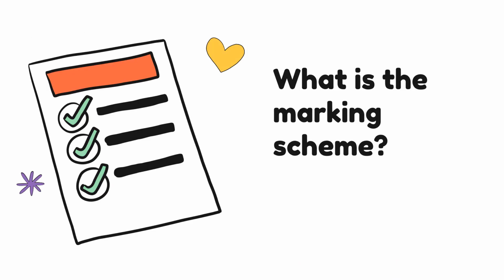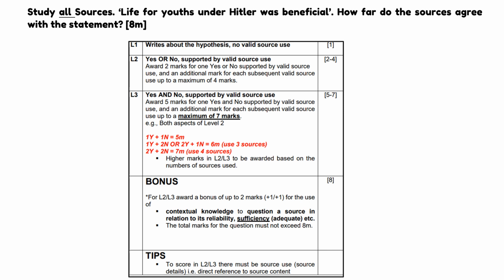So moving on, what is the marking scheme for testing assertion type of questions? Here is a sample of an 8 marks question. Study all sources, if you can. And the statement is, life for youths under Hitler was beneficial.